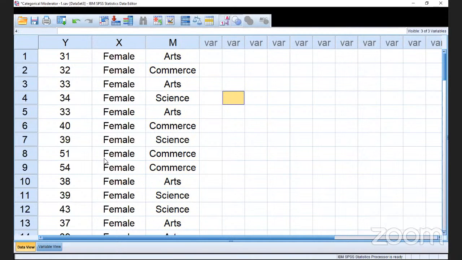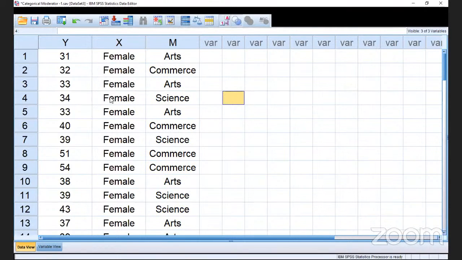In this case study we want to know whether there is any significant difference in salary between male and female, or any significant difference in salary between commerce college teachers, science teachers, and arts teachers.